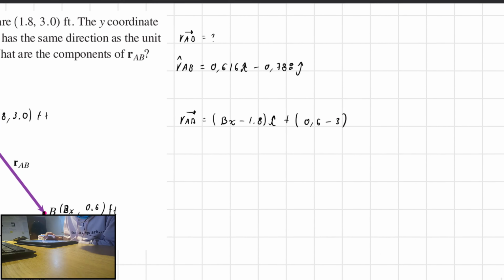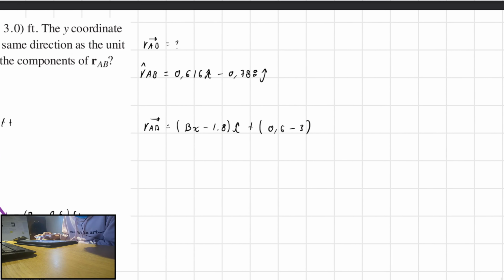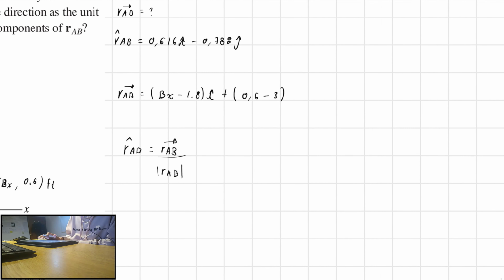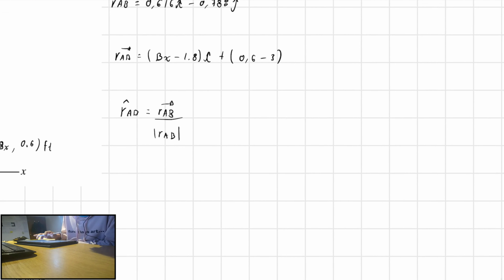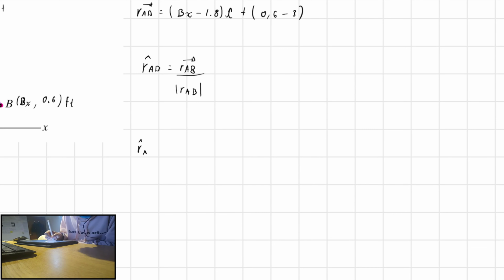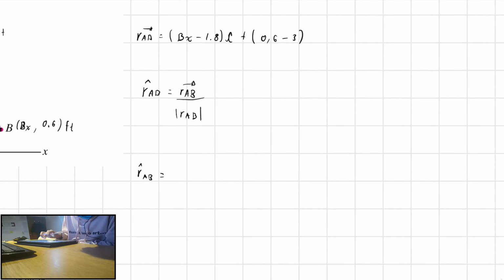Alright, right there we have it. Now, if you remember, the unit vector eAB is going to be equal to the vector divided by the magnitude of the vector. Let me write it once completed.